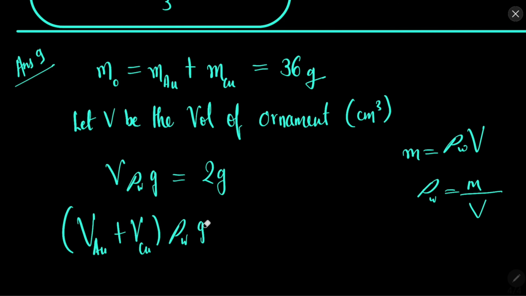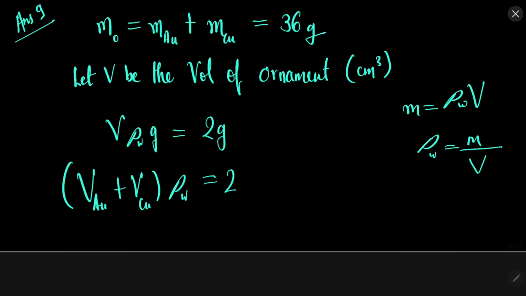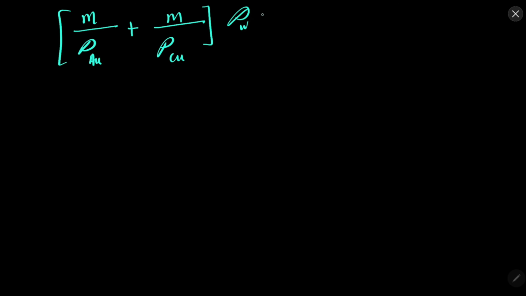Rho W into g, let's cancel g. Now in place of volume we will write mass of gold upon density of gold plus mass of copper upon density of copper, into density of water equal to 2.